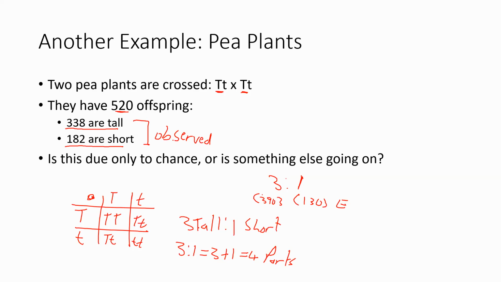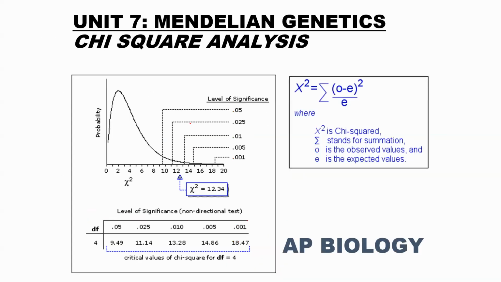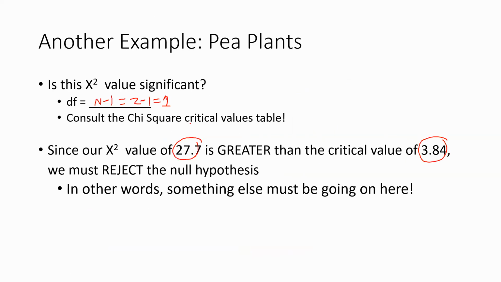We can state that the plants are passing on their traits in a Mendelian way. And in the alternative hypothesis, the plants are not passing on their traits in a Mendelian way. And we can conclude, based on the results here, that the alternative hypothesis, which is that the plants are not passing on their genes in a Mendelian way, is correct.